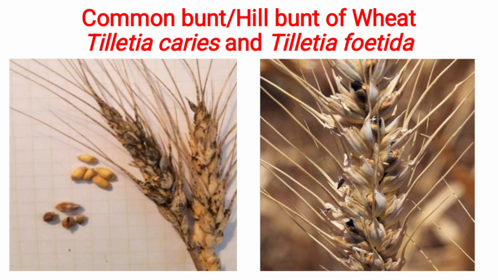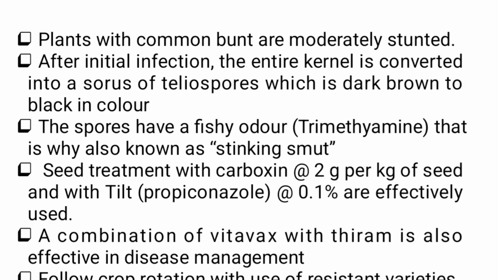The next disease that we are going to talk about is the common bunt, which is also known as the hill bunt of wheat, and it is caused by two fungal pathogens, Tilletia caries and Tilletia foetida. Here you can see these are the bunted grains. Now the major difference between smut and bunt is that in bunt there is a fishy odor because of a compound known as trimethylamine.